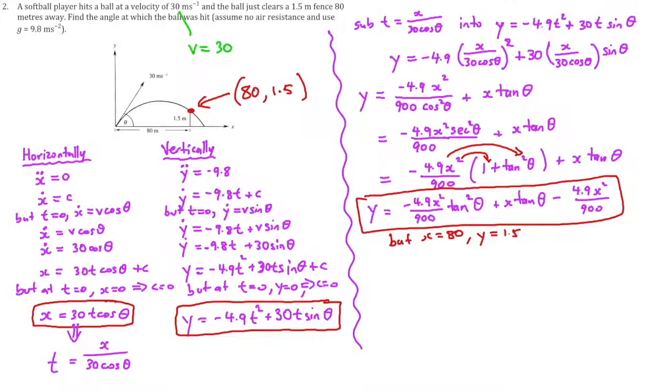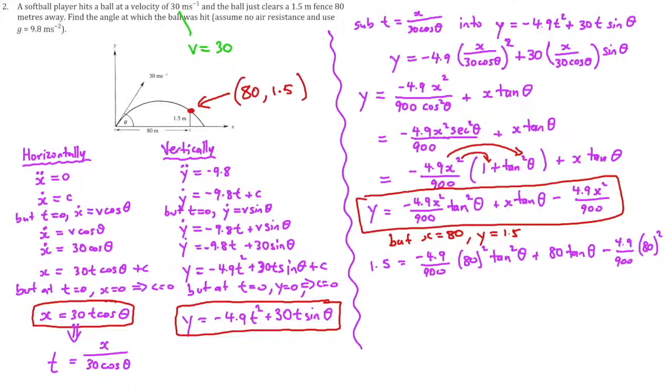So I can actually plug that in, because that's going to just clear the fence, which means I get 1.5 equals minus 4.9 over 900 times 80 squared, plus 80 tan theta, minus 4.9 over 900, 80 squared.